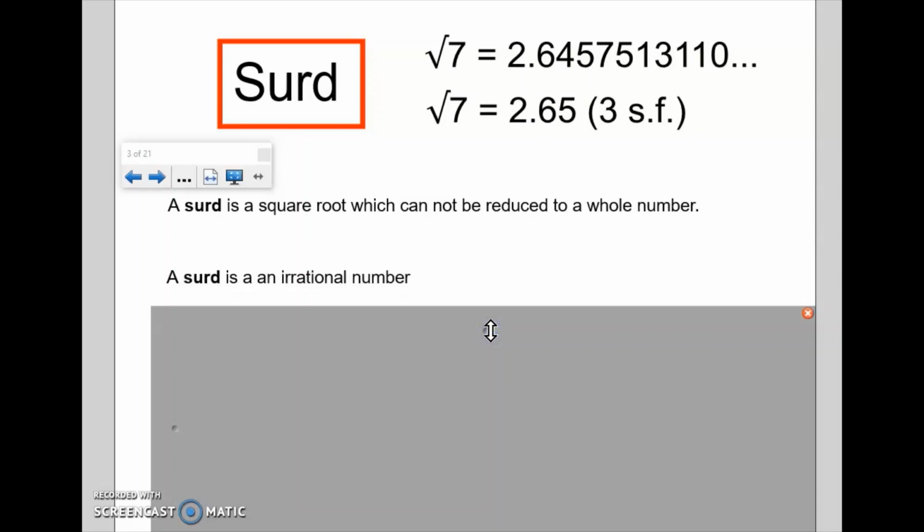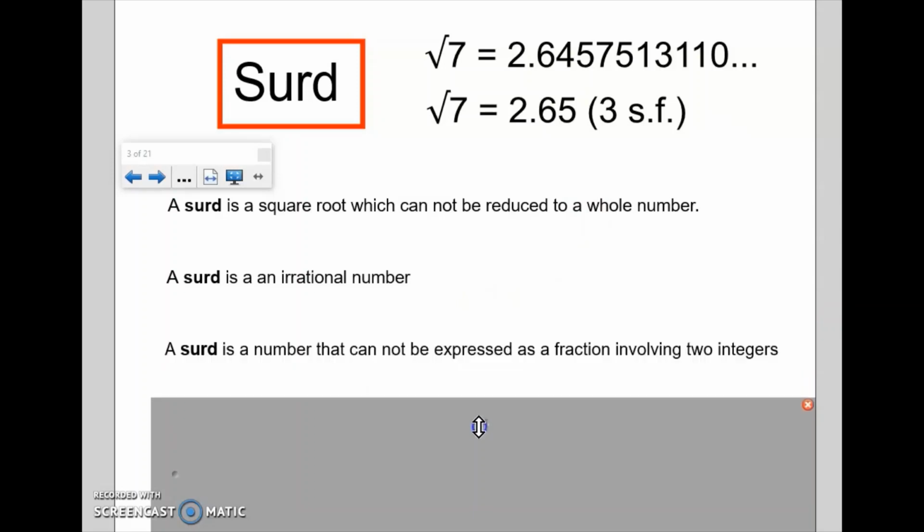A surd is an irrational number. So we're looking up here at the irrational sense of this number. The digits after the decimal point do not get repeated. They do not produce a pattern. So we refer to it as an irrational number. A surd is a number that cannot be expressed as a fraction involving 2 integers.